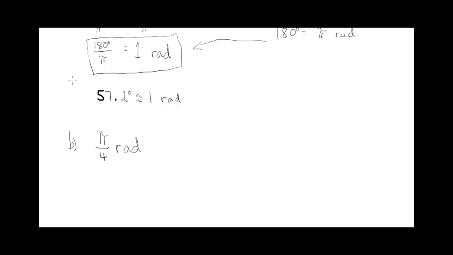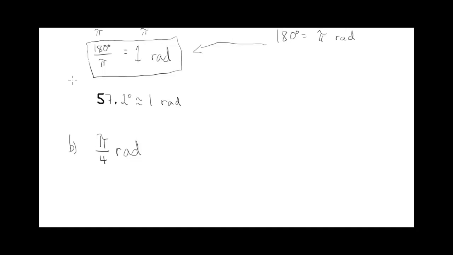How many degrees is pi by 4 radians? You get that by looking at this equation: 180 degrees over pi equals 1 radian.